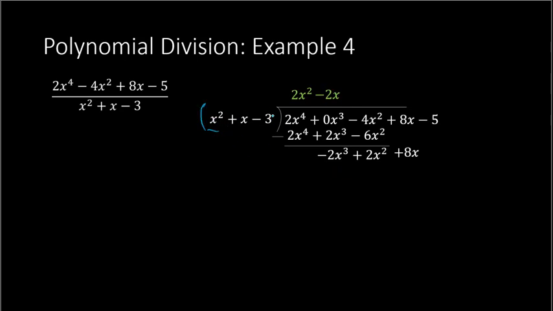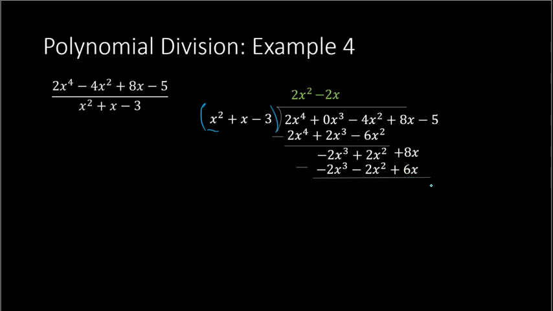And the next step requires you to multiply negative 2x by all three terms, the x squared plus x and the minus 3. When you do that, you're going to get negative 2x cubed. Negative 2x times x is negative 2x squared. And negative 2x times negative 3 gives you a positive 6x.